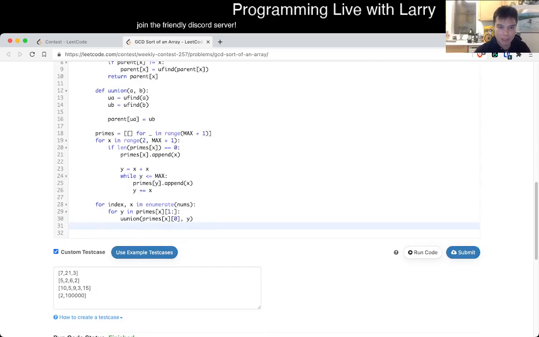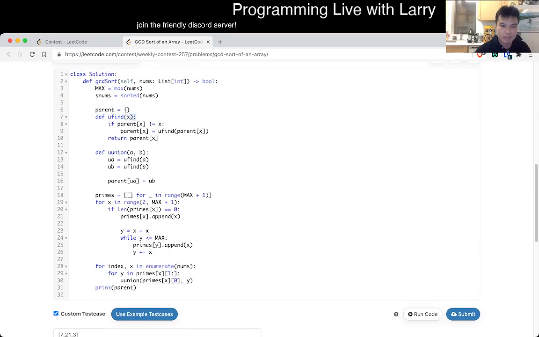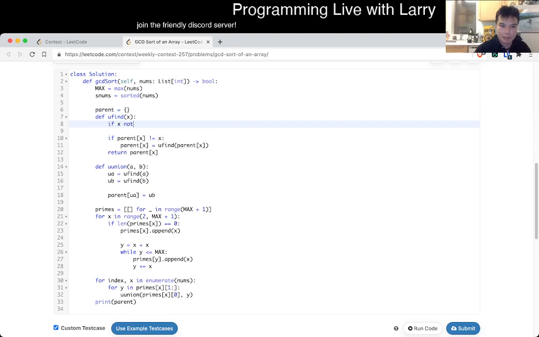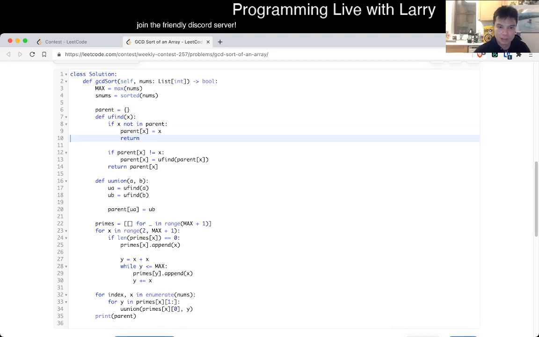So then let's look at parents. Oh, I forgot to set this to, how do I want to write this? Okay, if x is not in parent, then parents of x is equal to x, and then we return. Okay, maybe that's good enough actually.